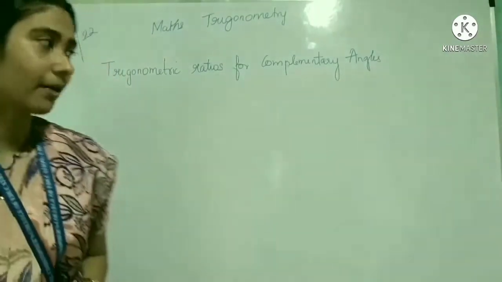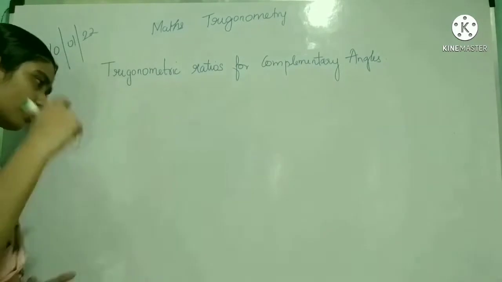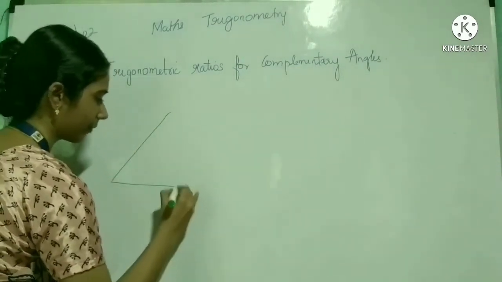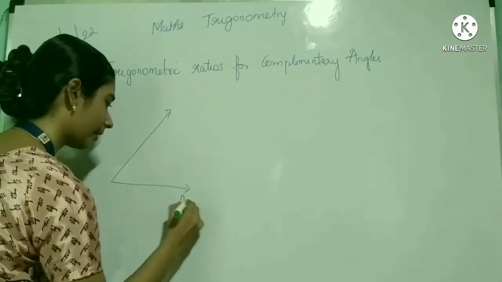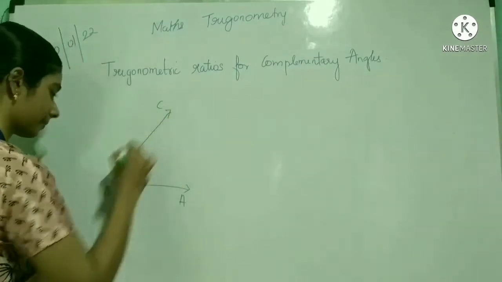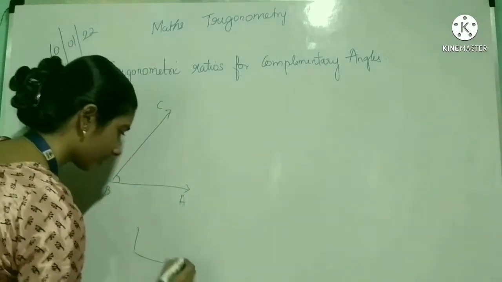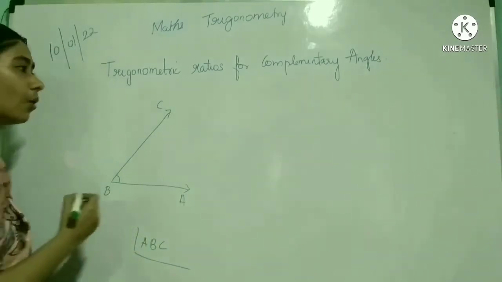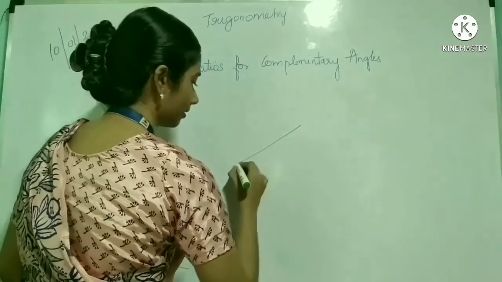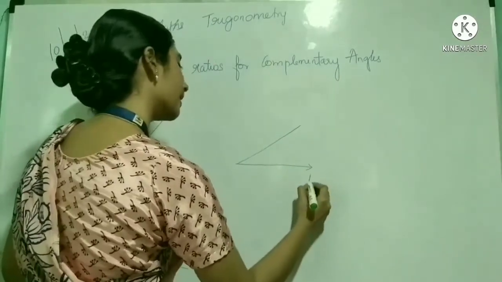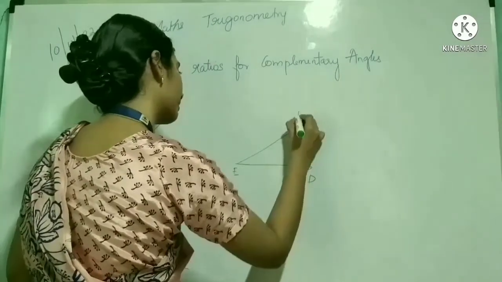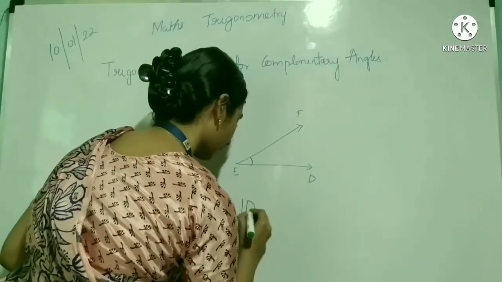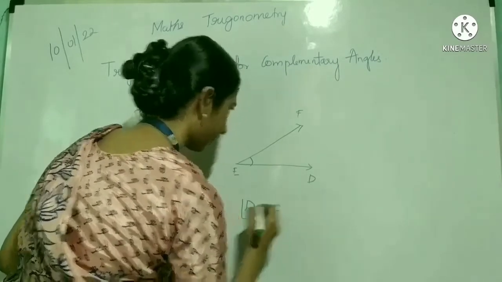Now, what are complementary angles? Consider this angle. I name it as A, B, C. Consider this angle ABC. Now, I draw another angle D, E, F. Angle DEF.